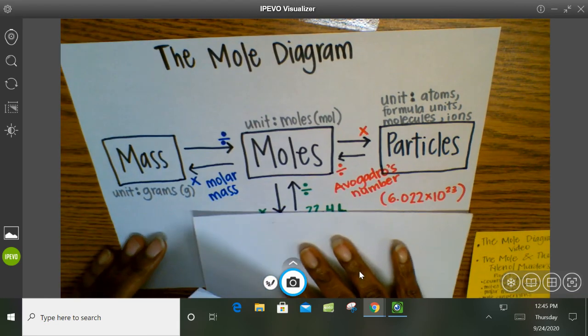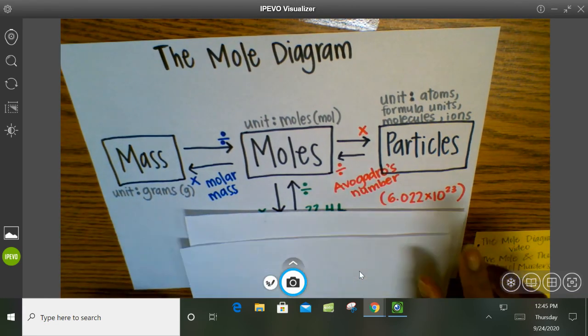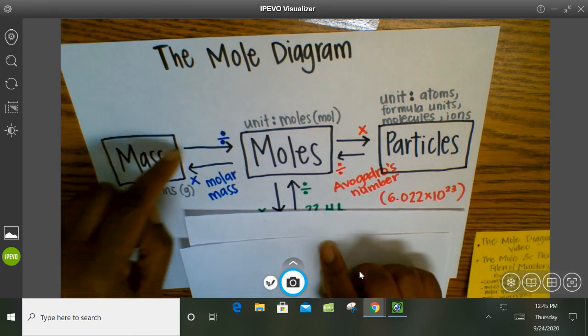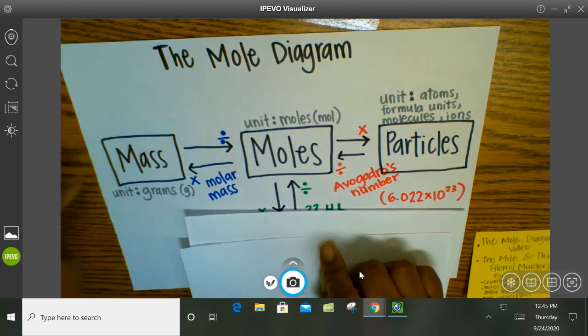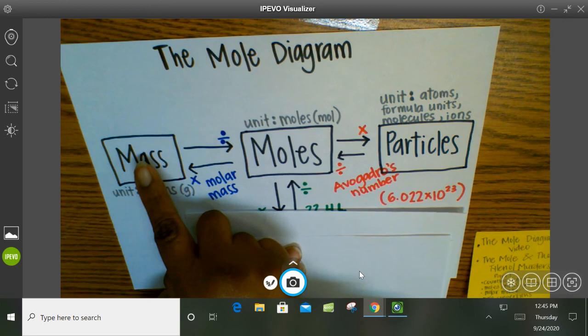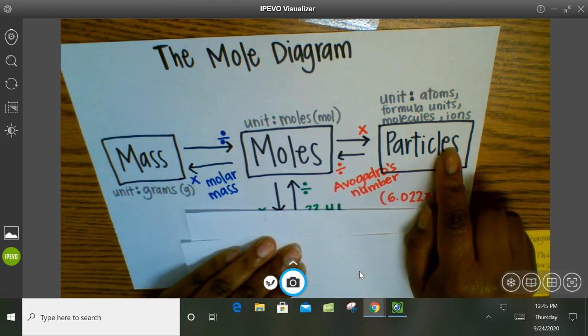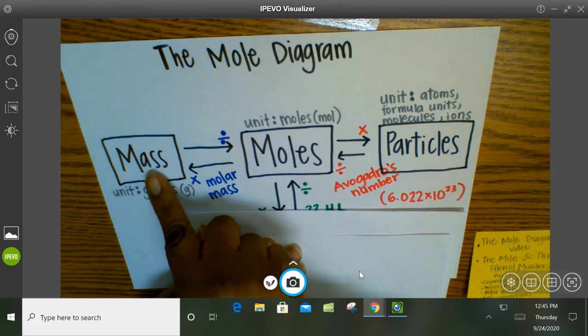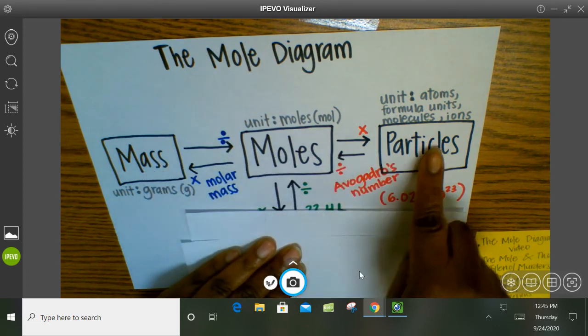There will be times where you have to travel the entire way horizontally. What I mean by that is you may be given the mass of a substance, but you have to find particles. So you have to go from mass to moles to particles.